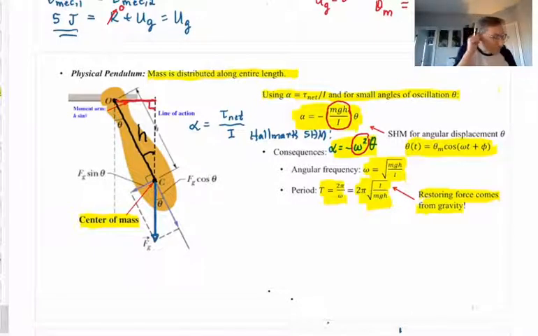All right. Now, let's look at the formula for the period of a physical pendulum, because it's pretty famous as well. And at first glance, we would be forgiven if we were to look at that and say, oh, well, apparently, unlike with the simple pendulum, the period of a physical pendulum depends on the mass of the thing, because there's an M downstairs.